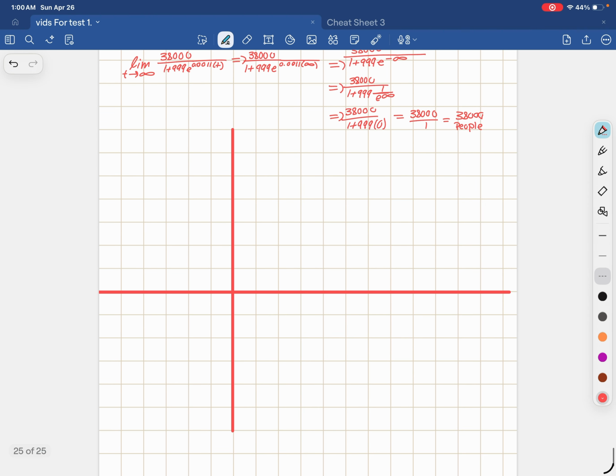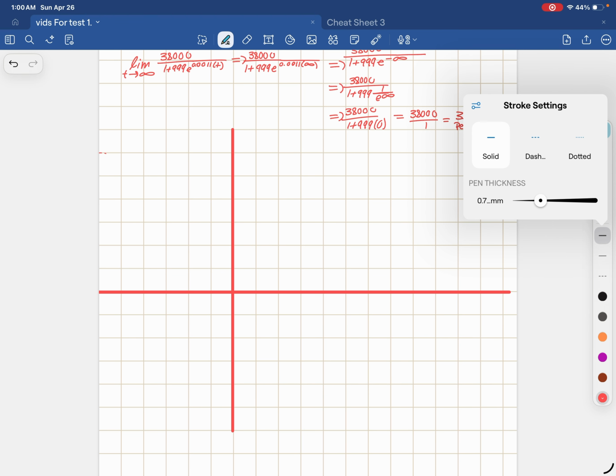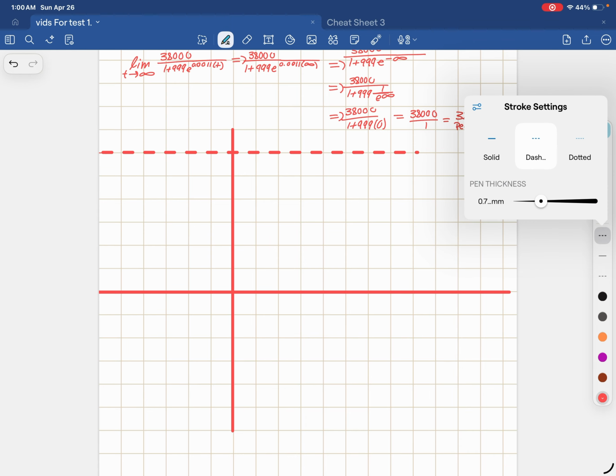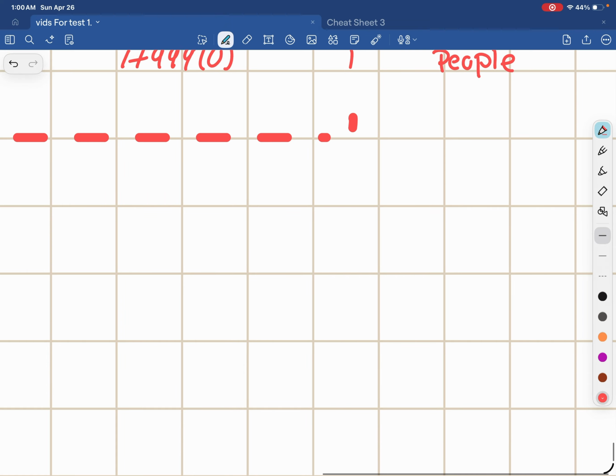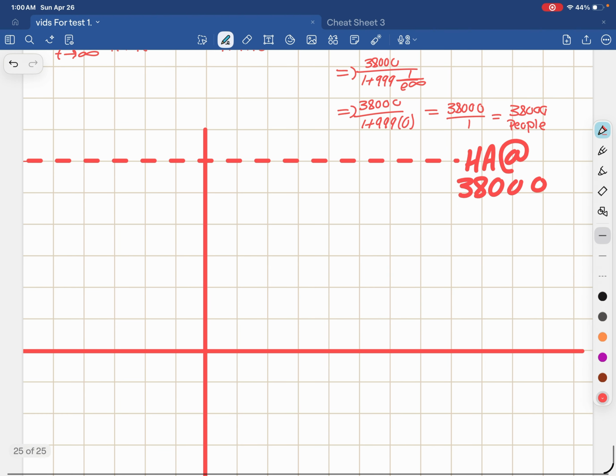And then coming right here at the very top, we'll have an asymptote, leave some room to write. Horizontal asymptote at 38,000, and we'll mark that.